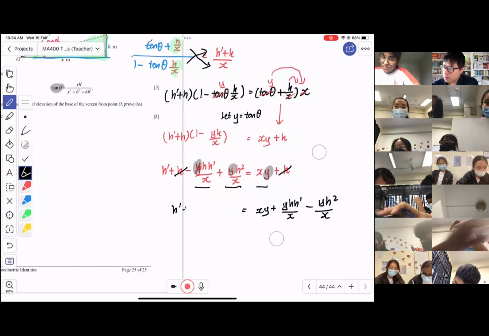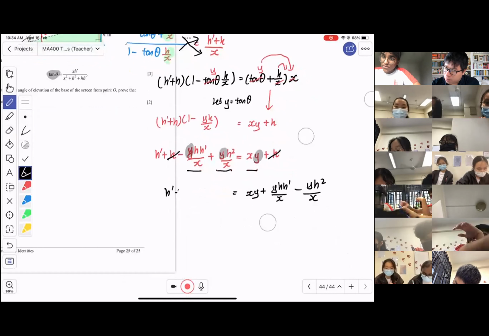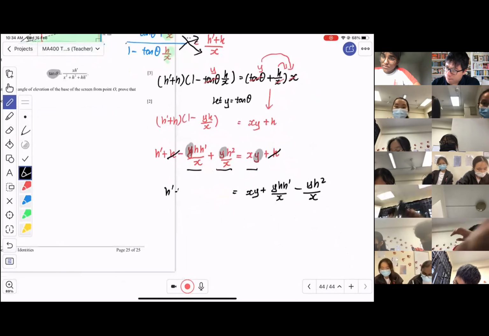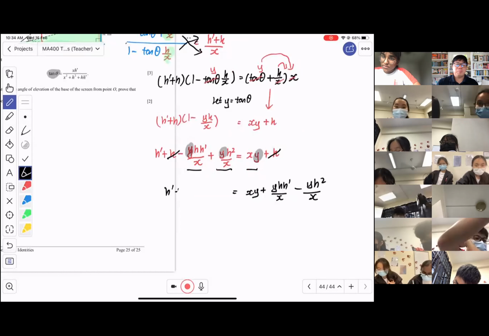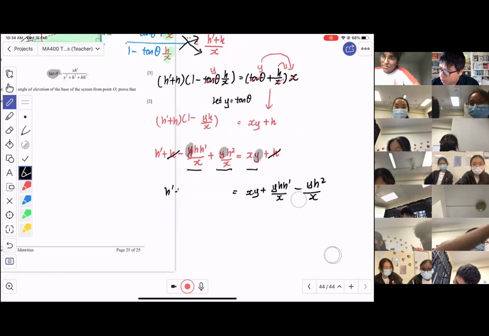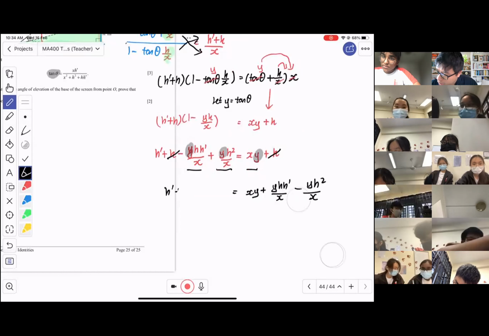Okay, so this will be h prime. Slowly bring over again. If I multiply by x on both sides, this will become x squared y, this will become y h prime, and this will become y h squared.